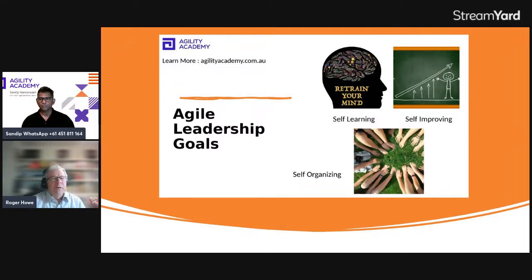When we're looking at agile leadership goals, we've always got to be aware that agile leadership is really a state of mind. It's more about how you think and how you act, rather than any particular job description. Key to that is self-learning. Everybody in an agile organization should be looking to learn more, improve themselves, and help their team and colleagues across teams improve. It also means building towards a self-organizing team structure, which means they don't need someone to tell them what to do.